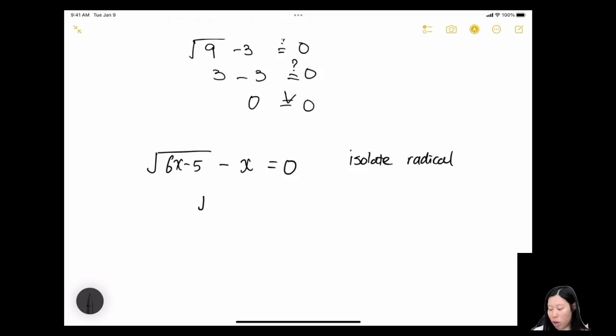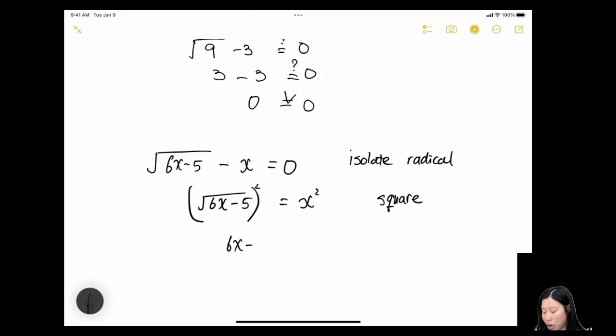So I want to add x on both sides, so I have the square root of 6x minus 5 equals x. Then the next step, once you have isolated the radical, is to square both sides. So I have 6x minus 5 equals x squared.